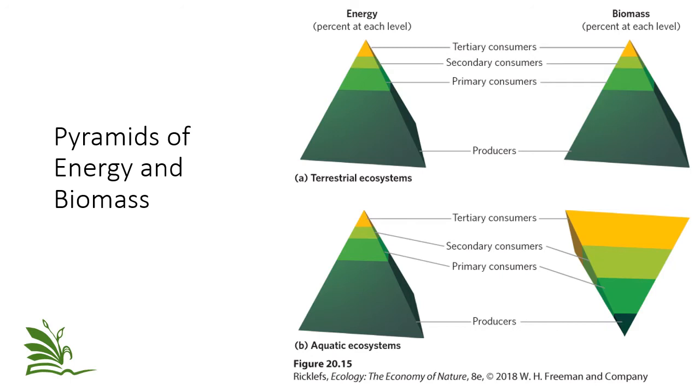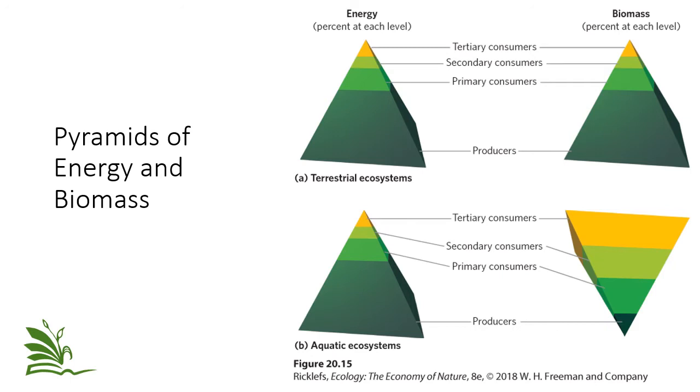So here's an image that describes energy in the left column of pyramids and biomass in the right column of pyramids. On the top row of pyramids, those represent terrestrial ecosystems, and the bottom row of pyramids, that represents aquatic ecosystems. And these are, of course, generalized, averaged across many studies and many ecosystems that are either terrestrial or aquatic. But it's going to give us this idea of what's going on.